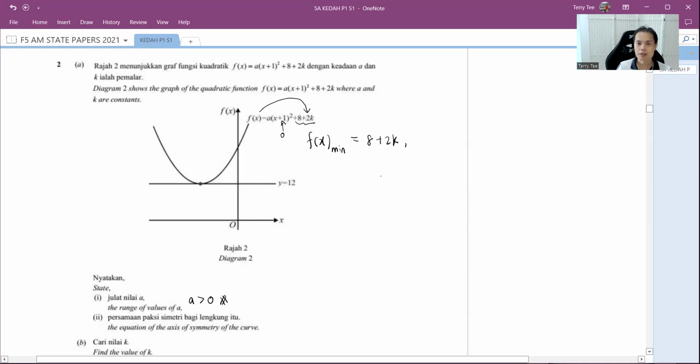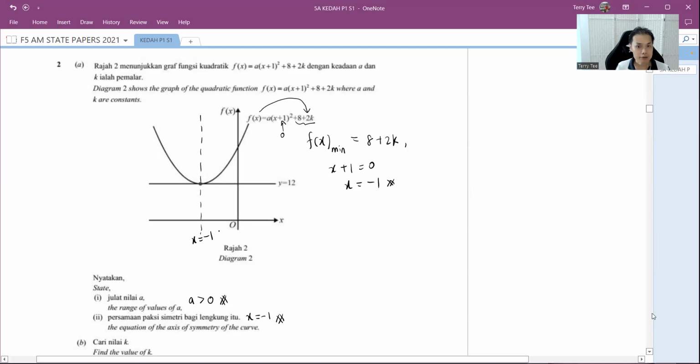Let me write it here. When x plus 1 is 0, x is -1. So this is called the equation of the axis of symmetry. The axis of symmetry is the line that divides the curve into two equal, symmetrical halves. So this is your equation of axis of symmetry. Let me write it here. X equals -1.